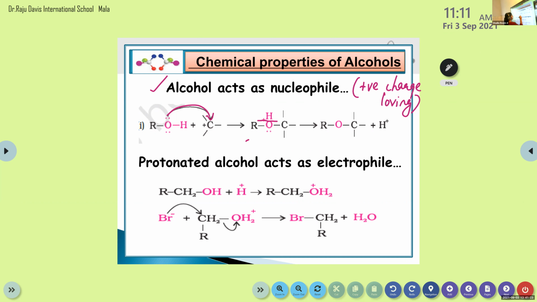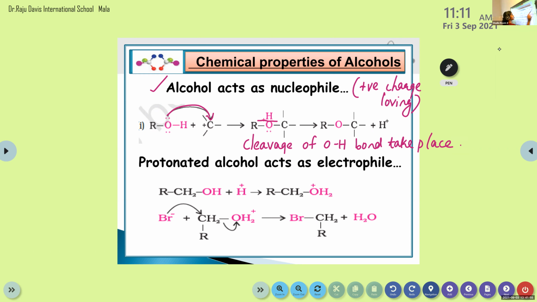You can write there: cleavage of OH bond takes place. In the final product, this hydrogen is removed from oxygen. This is the type of chemical reaction that takes place when alcohol acts as a nucleophile.